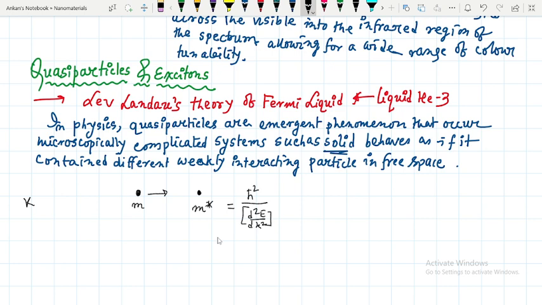Now, what changes occurred there? Due to the presence of some interaction inside the solid, its property changes. That is, its mass changes from the real mass to the effective mass. And this differentiates the electron from the real particle to a quasi-particle.